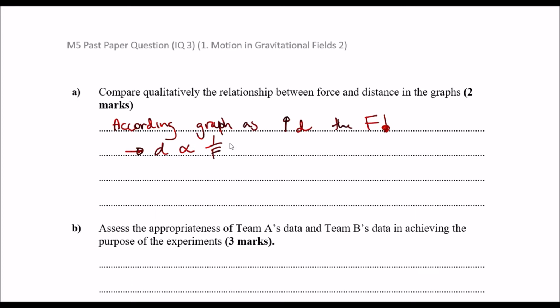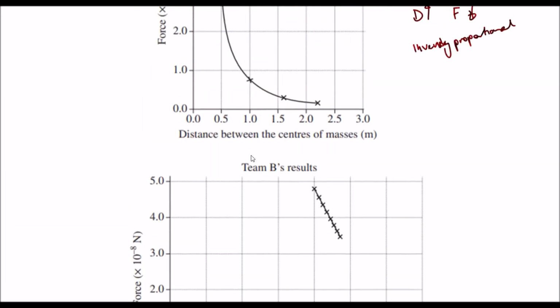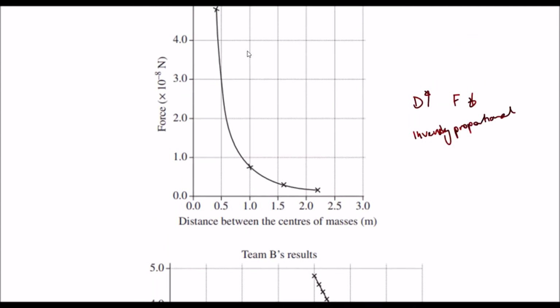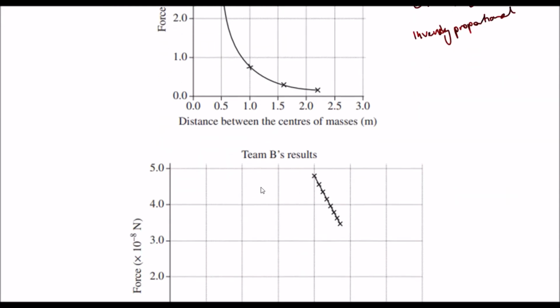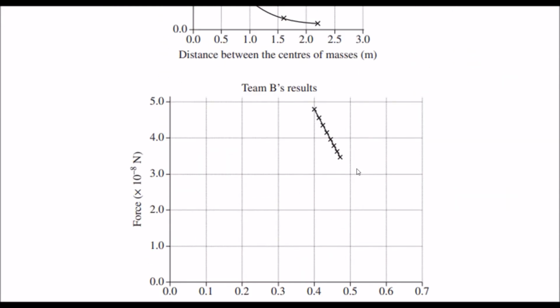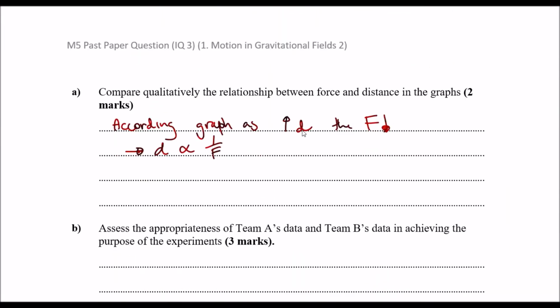But what we can see also by comparing the two teams is with Team A's one, we see an exponential decay in the relationship between force and distance, while as Team B, it looks like a linear decay. So that's another thing we can also mention.